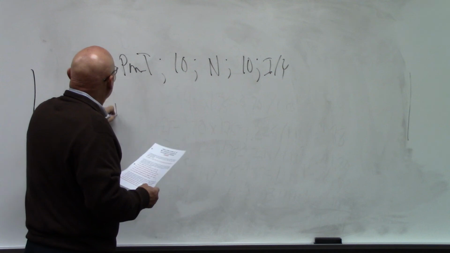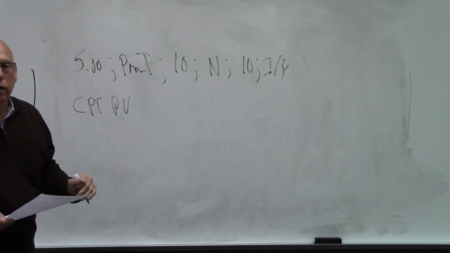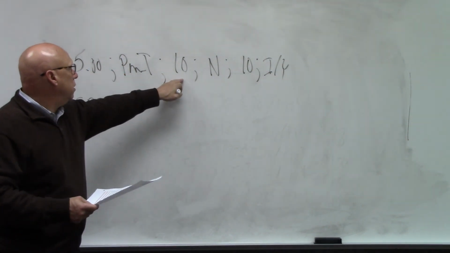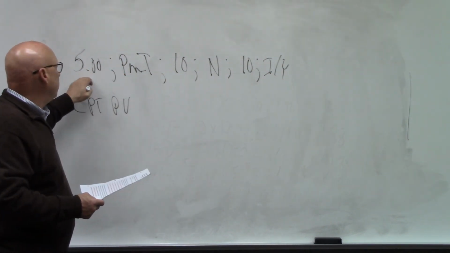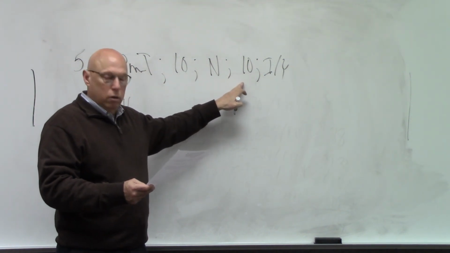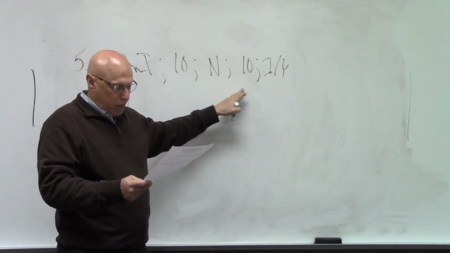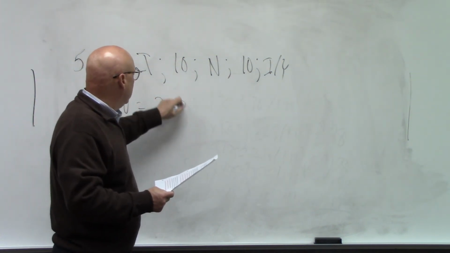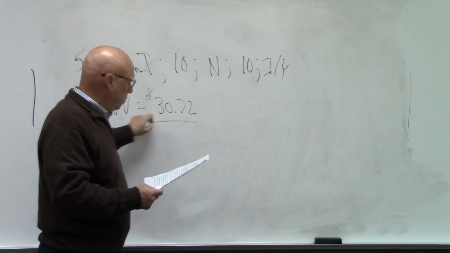Compute present value. We're finding the present value of 10 dividends of $5 each with a discount rate of 10%. We're finding the present value of each cash flow, and we get $30.72.